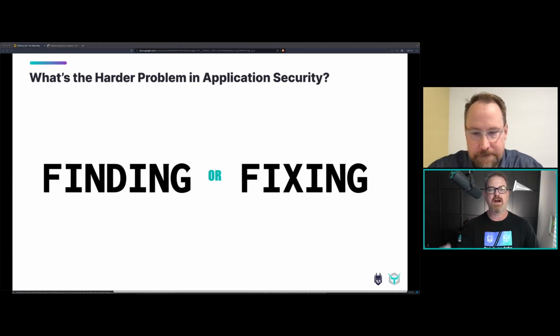But once you figure out what things you can test, almost all the time it turns into, how do I get these problems fixed? Because of how organizations are set up, how security teams and engineering teams are set up, and a lot of stuff. And most of the time, we're still at almost 50-50. We've got like 43-39 fixing, finding, and then almost 20% of us are not sure which one's harder. Yeah. So that's good.